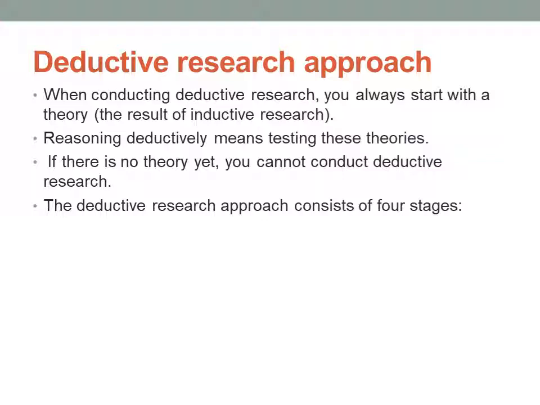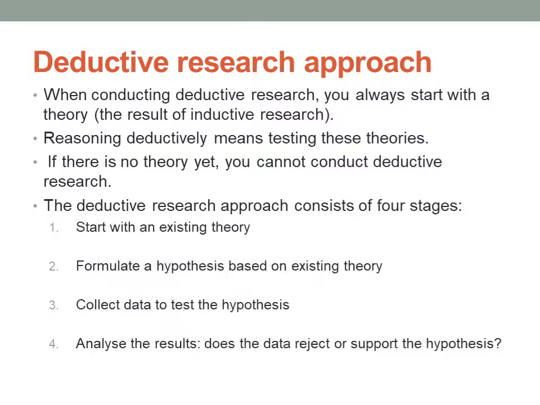Now, in deductive research, you have 4 stages, whereas in the inductive research approach, you have only 3 stages. Okay, what are the extra ones that we have? First one, you start with an existing theory. Based upon the existing theory, in stage 2, you will be formulating the hypothesis.